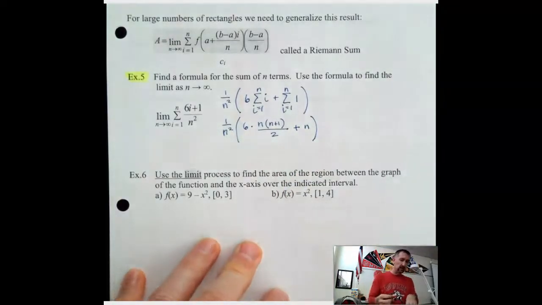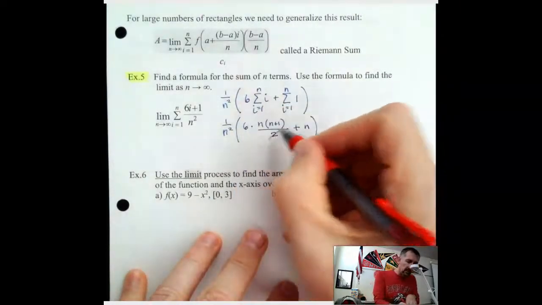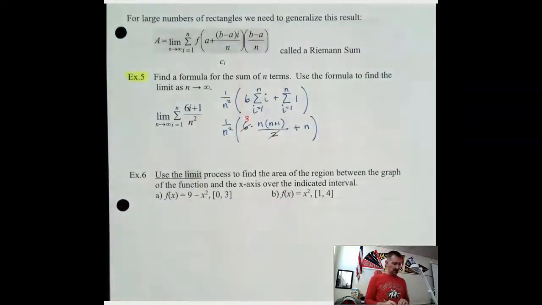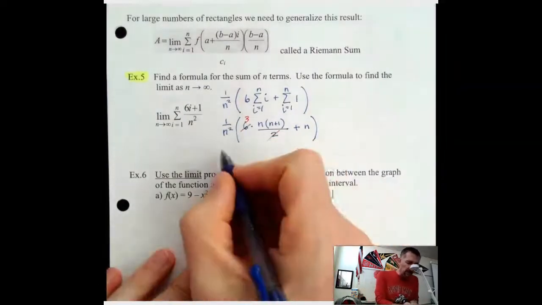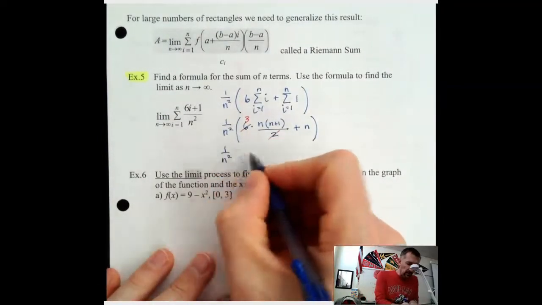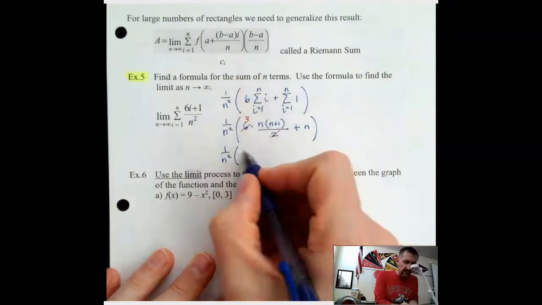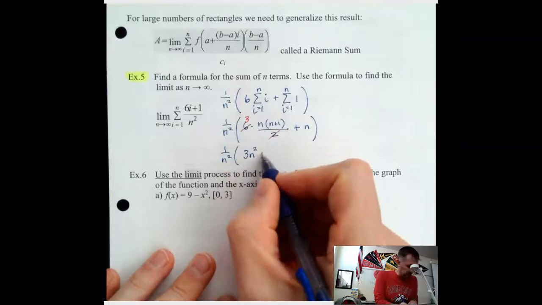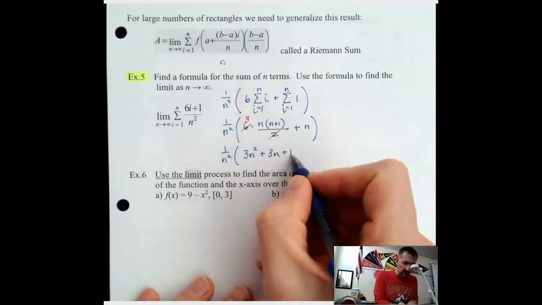Okay. So here, 2 goes into here 3 times. We can reduce that, and we can multiply this out. So that's going to be 1 over n squared, and this is going to be 3n times n, so that's 3n squared plus 3n. And then we have that n over there.